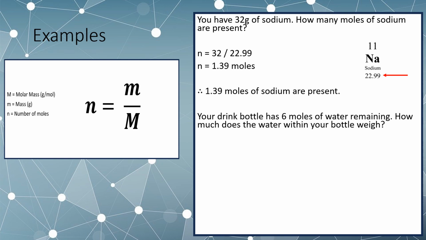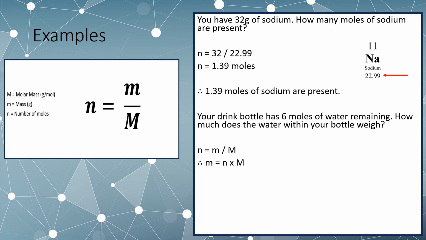Looking at our second example now, in this one, we've been given the number of moles of water remaining in our drink bottle and asked to calculate the mass. Looking once more at our formula, n, our number of moles, is equal to our mass over the molar mass. As we want to find mass, we'll need to perform a simple rearrangement of this formula.